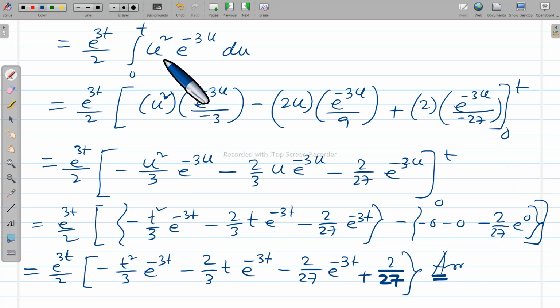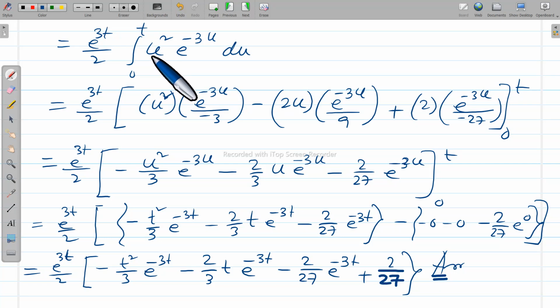The process is very simple. This will be the first function. Suppose you have a question in your mind, which one should I consider as the first function? Very simple funda: the function which goes to 0 after derivatives, you may consider as the first function. So u square is algebraic, if you differentiate it is 2u, and again the derivative is 2, and the second derivative is 0.